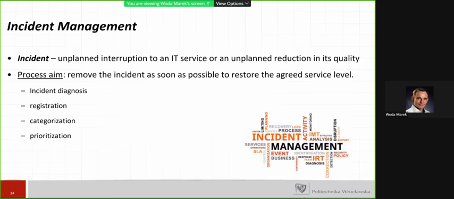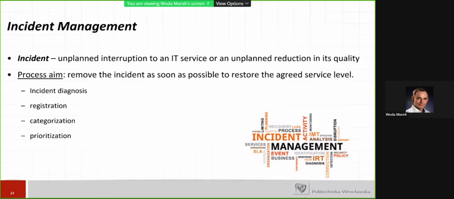So what is incident management? Incident management is the starting point to identify the issues with the services which are being provided. Generally, the definition of the incident, which incident management is dealing with, is some kind of unplanned interruption of, usually, an IT service, or unplanned reduction in its quality.